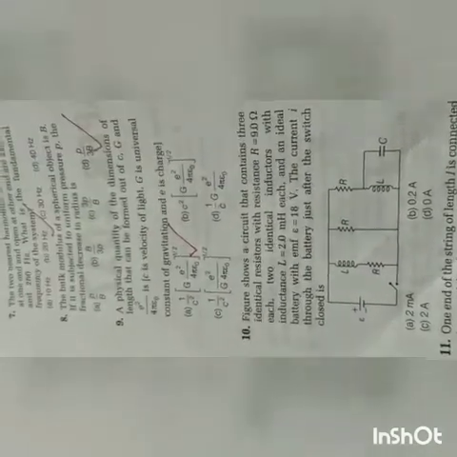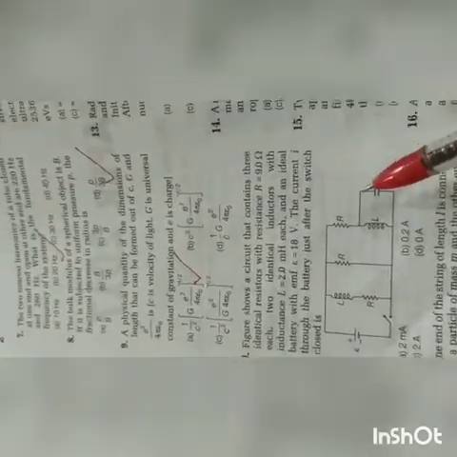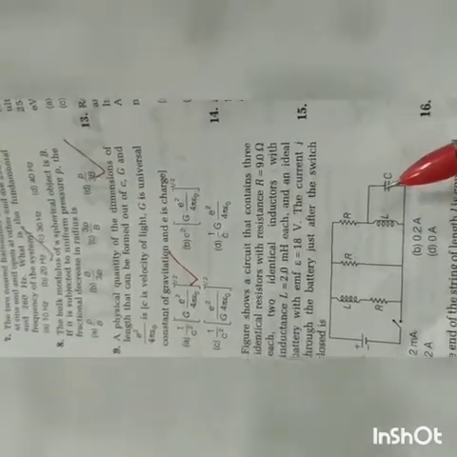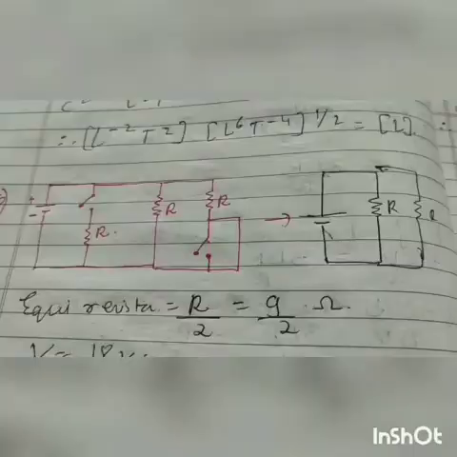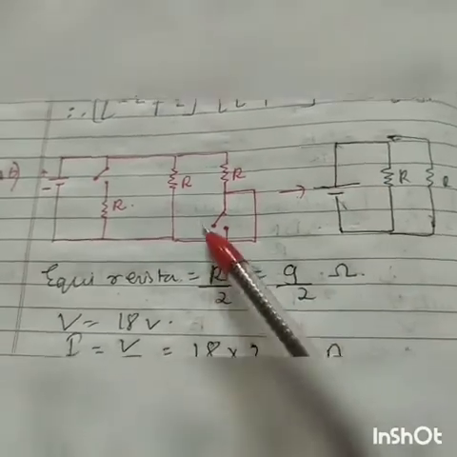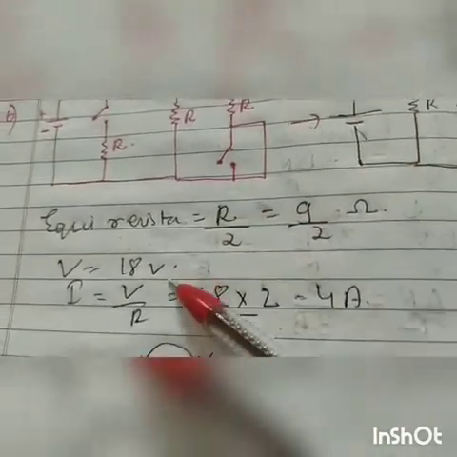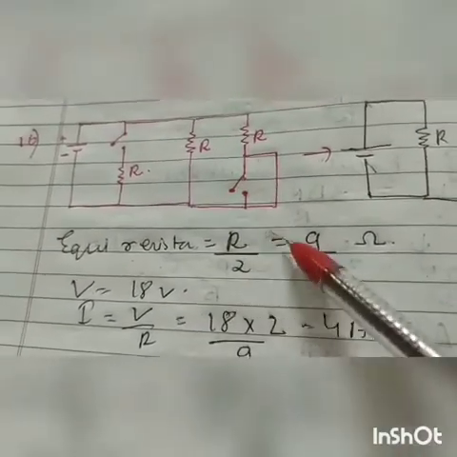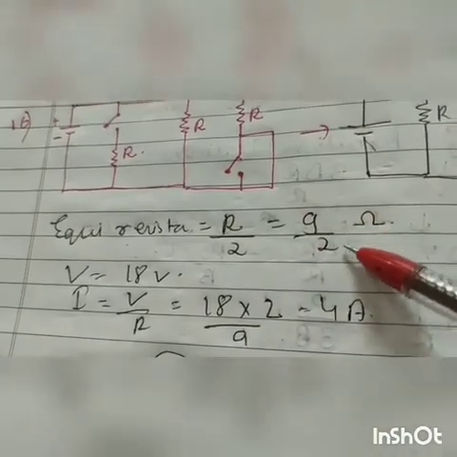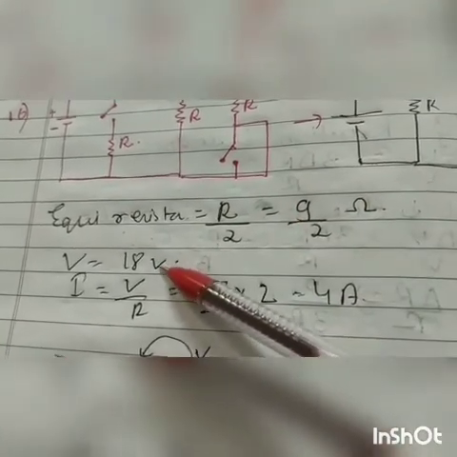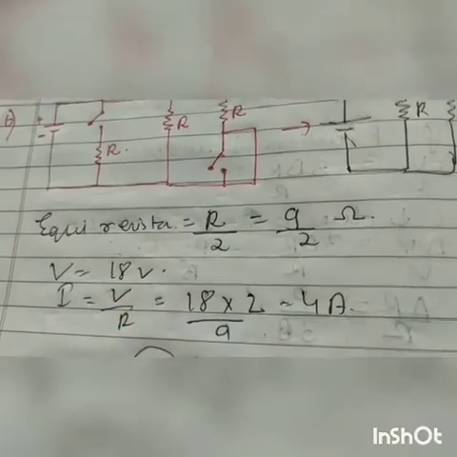So this was the bonus question of 2017. So let's see. This circuit will change into this, and the equivalent resistance will be R by 2, that is 9 by 2 ohm. So V will be 18 volt, so the value of current will be 4 ampere. So 4 ampere is not in the options.